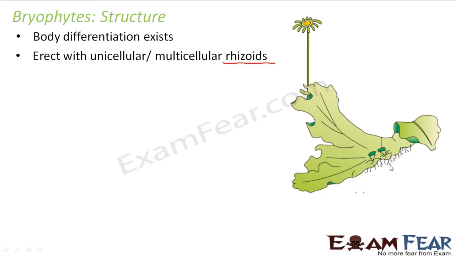So two important roles are played by rhizoids. One is that it supports the plant, or anchors the plant to the ground, and the second is that it helps to absorb the nourishment. However, there are no true root, stem or leaves. Nothing is very distinct, but at least there is some differentiation in the sense that we have root-like structures like rhizoids, we have stem-like structures, we have leaf-like structures.